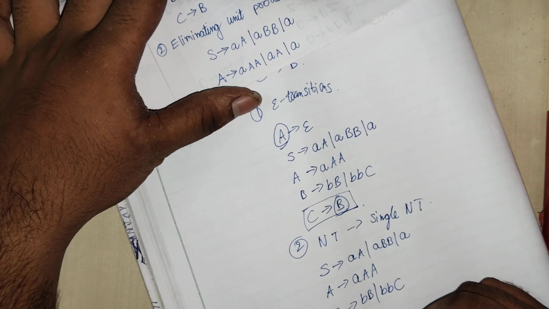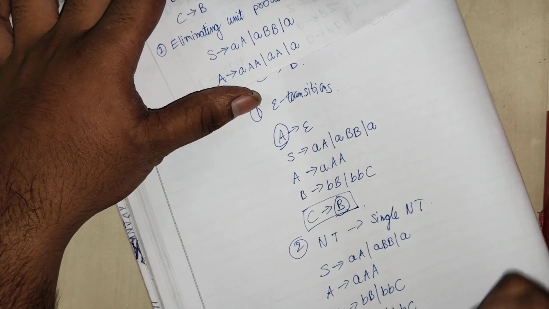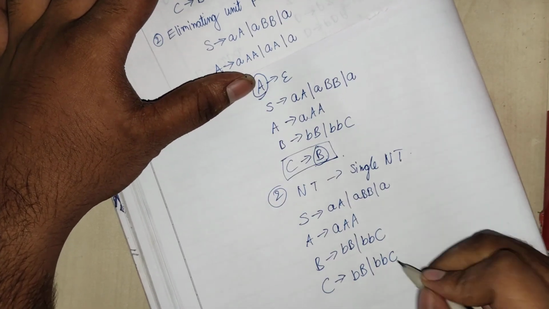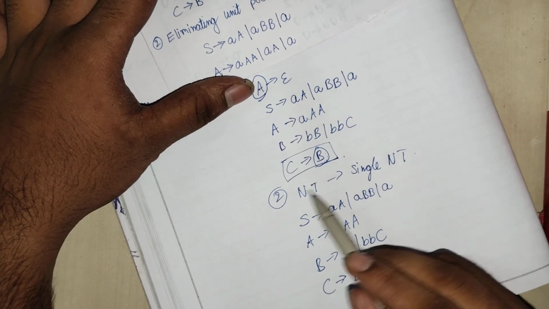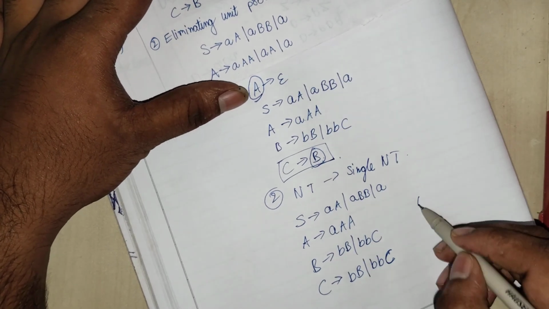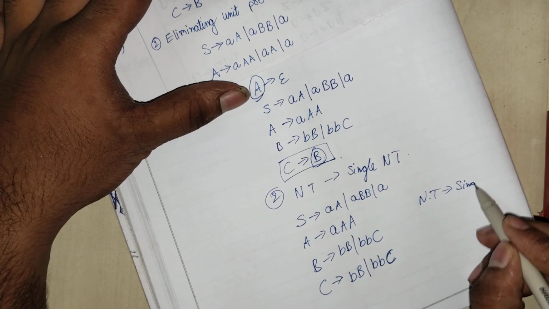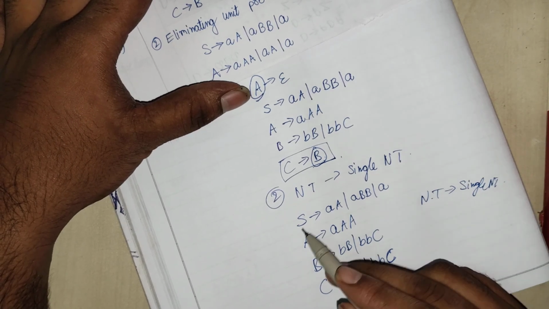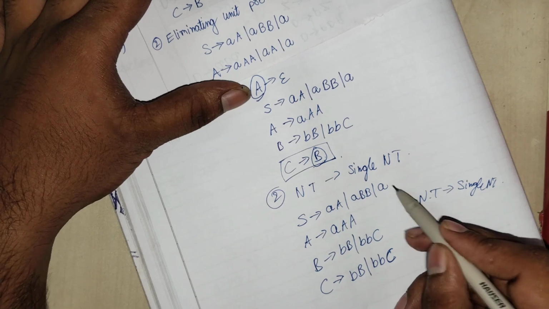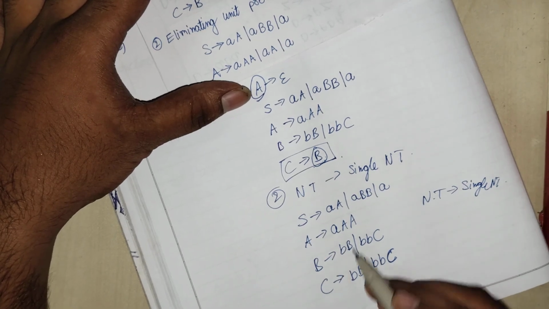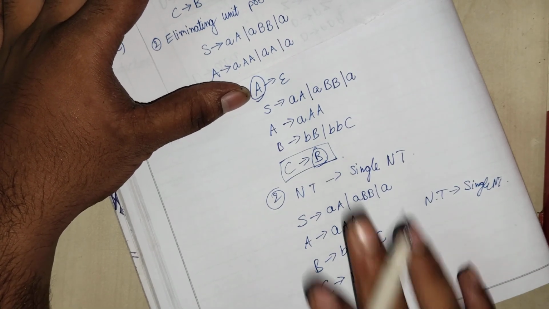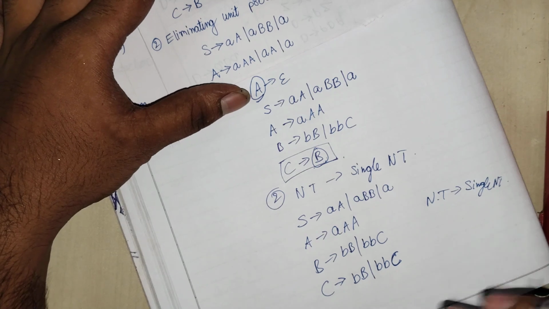Fine. Further, do we have any unit productions, where a non-terminal tends to only a single non-terminal? No, it's a terminal, so no. Fine, then the unit productions are eliminated.